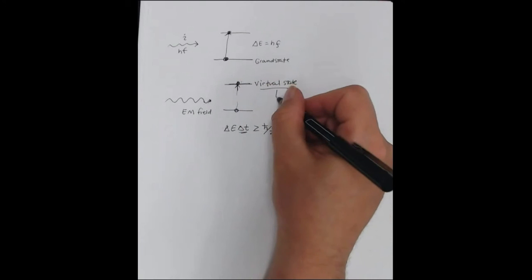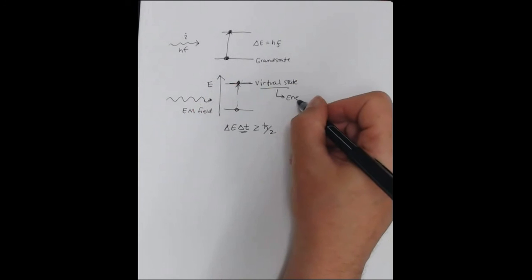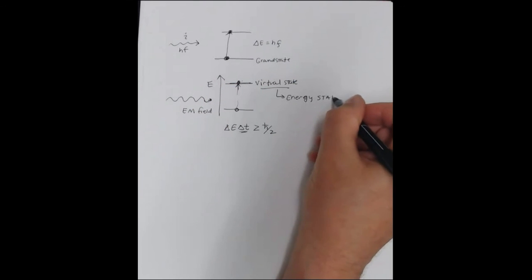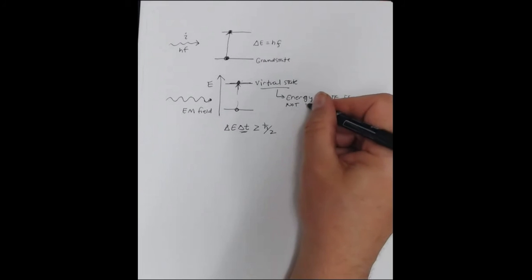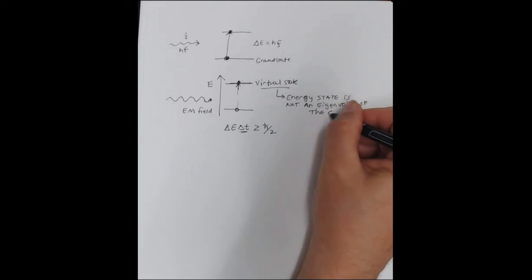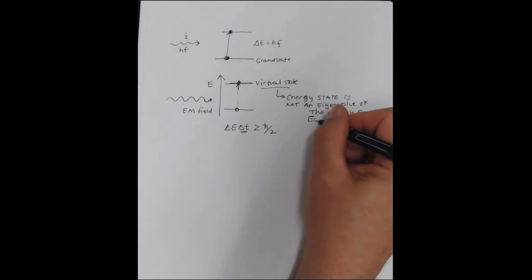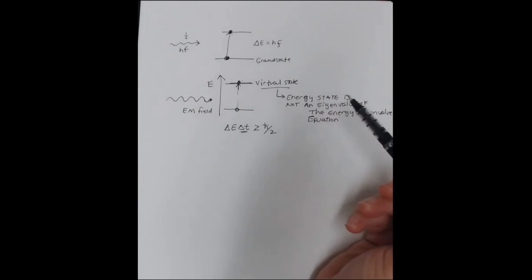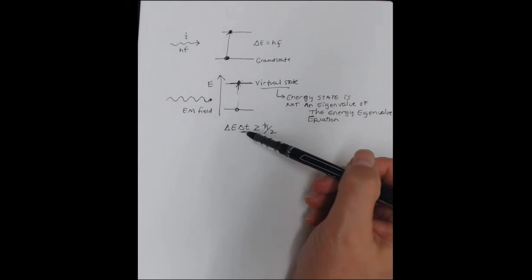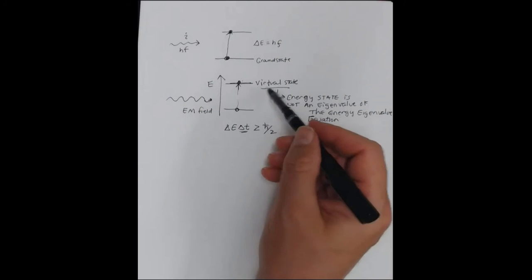And it's virtual because it's not this energy. If this is energy up here, this energy is not an eigenvalue for the energy eigenvalue equation. So since it's not a state that actually satisfies our energy eigenvalue equation, but we think the electron goes up to that, but comes right back down because it can only exist up there for a very short time, then we call that a virtual state.